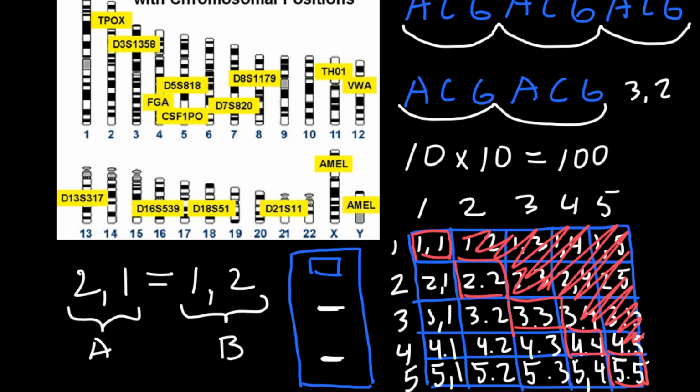The rest, or 90, we have to divide by 2, and we are going to get 45 plus 10 would give us 55 combinations. So basically, we can say that 10 by 10 would give us 65 instead of 100. One more time, 65 unique combinations of alleles.